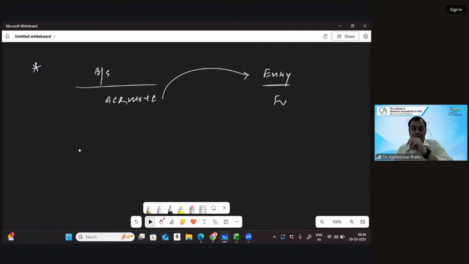That's the basic thumbnail: all the assets and liabilities which are in the balance sheet of the acquiree are going to be incorporated in the acquisition entry, as part of the net assets, at the fair value itself. Then you also need to see that there might be certain assets which are not in the balance sheet of the acquiree, but they still get captured at a fair value. Typically, you would see contingent liability coming out here.